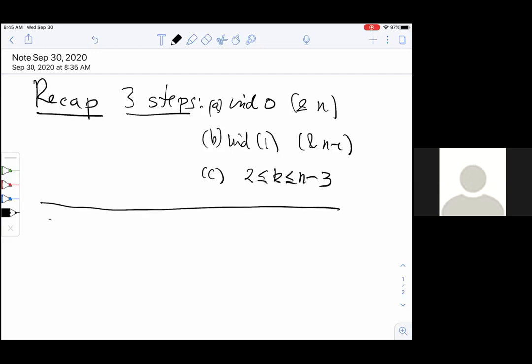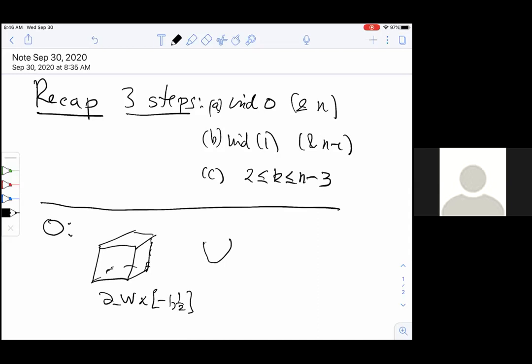For step 0, there was really nothing to do but observe that if you look at the beginning part of the h-cobordism under the Morse function, here you'll have boundary minus of W cross some interval -1 to a half. And then you'll have these critical points of index 0.